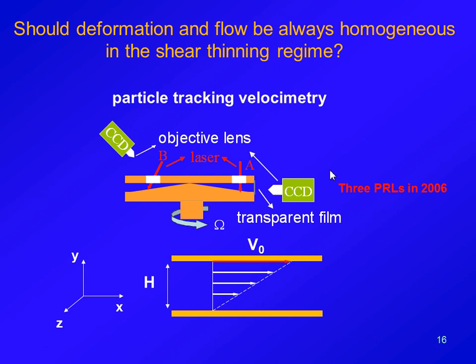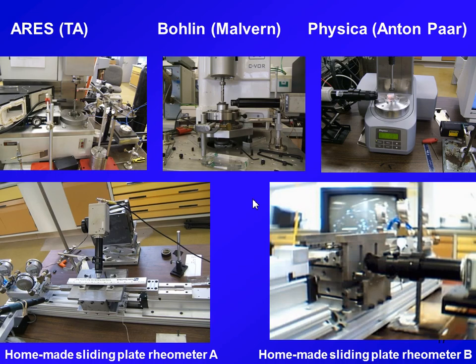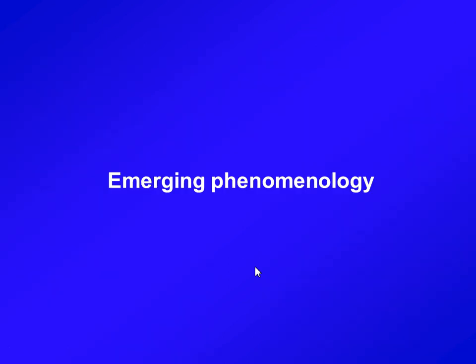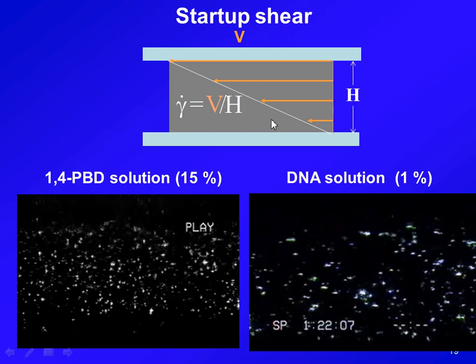So in any case, we thought it would be nice, instead of relying on the assumption that this deformation field will be homogeneous, to see experimentally whether that's the case for our untangled polymers. So you build this apparatus, spending just a few $100, you can do it, and welcome to visit our lab, where we have all the commercial rheometers. They are all equipped with such equipment, including some homemade rheometers as well. So what is the emerging phenomenon when you have such a basic elementary method applied?